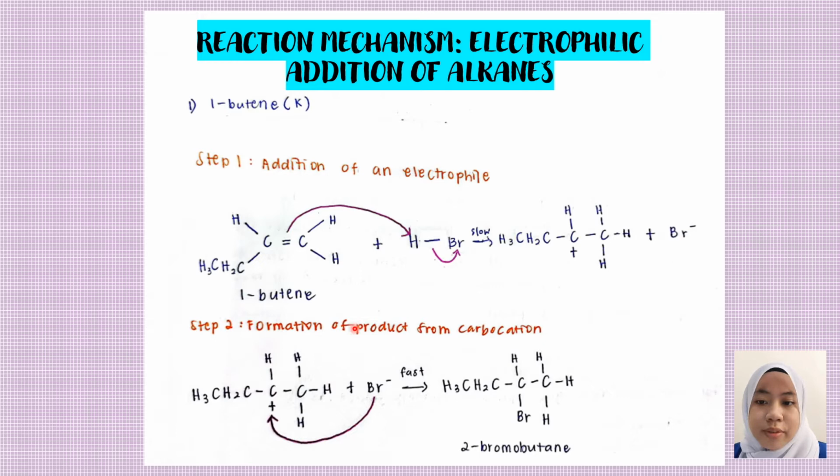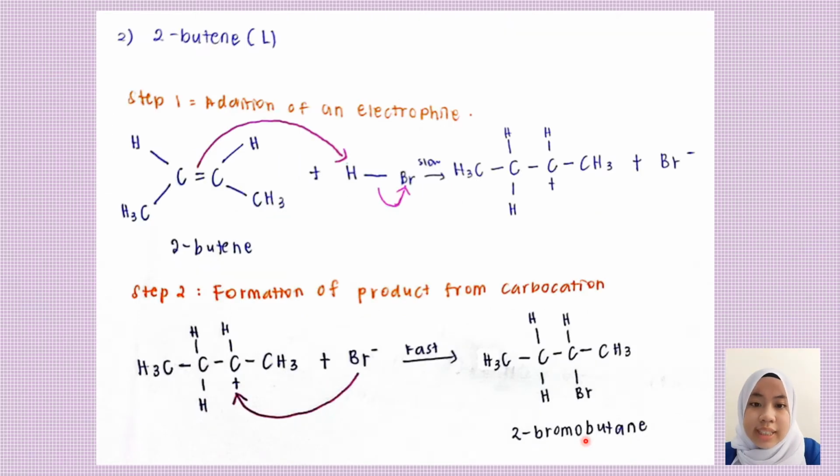The next step is the formation of product from the carbocation. So bromide, which is a nucleophilic site, will attract the carbocation and produce 2-bromobutane.